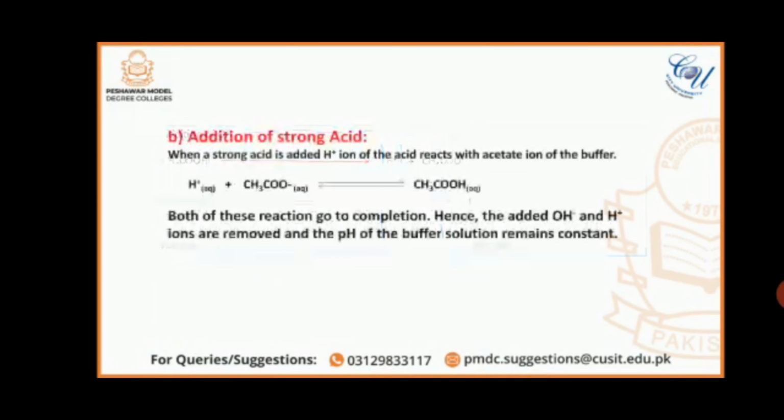When a strong acid is added, hydrogen ion of the acid reacts with acetate ion of the buffer. Both of these reactions go to completion. Hence, the added hydroxide and hydrogen ions are removed and the pH of the buffer solution remains constant.